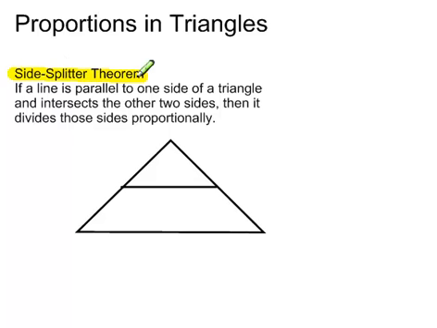It says that if a line is parallel to one side of a triangle and intersects the other two sides, then it divides those sides proportionally. So we have triangle ABC here, and based upon this theorem, let's say EF is parallel to AC. By knowing that EF is parallel to AC through the side splitter theorem, we then can conclude that this section, M, which is represented by EB, is proportional to the other parts of N, which is FB.